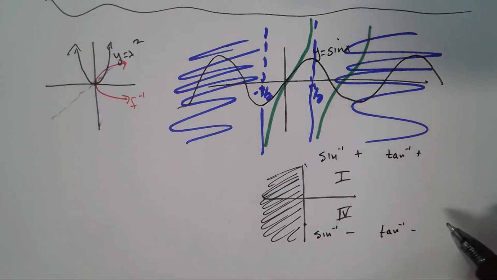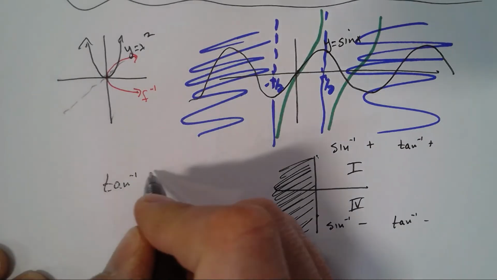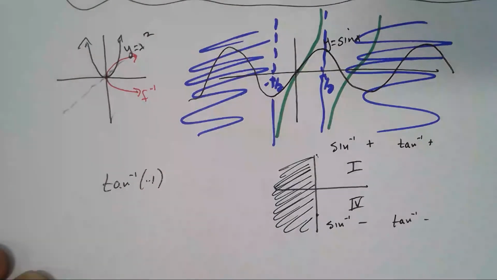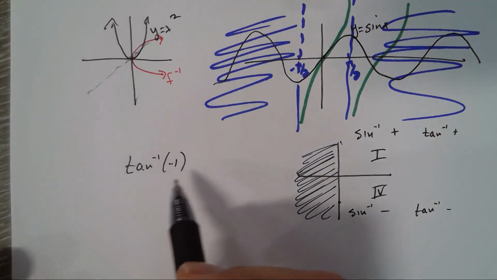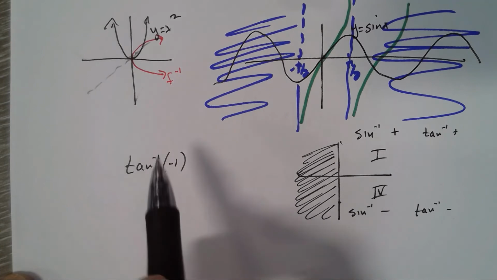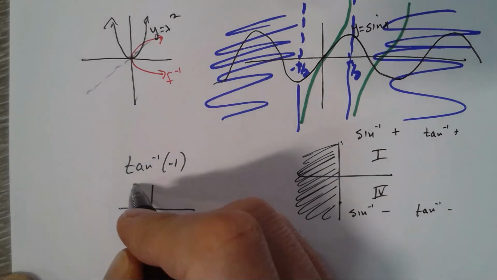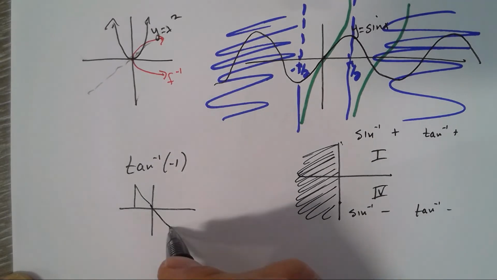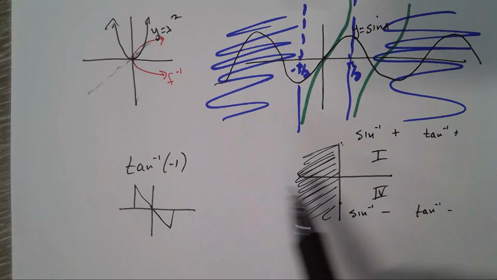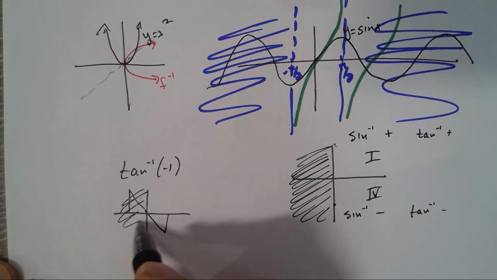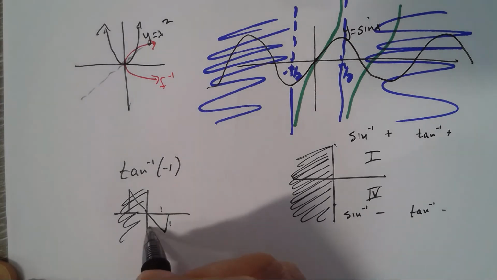So what I mean by negative: if you take the inverse tangent of negative 1, what quadrant are we in? Well, remember, inverse trig functions mean what angle has a tangent of negative 1. Well, this has a tangent of negative 1. This has a tangent of negative 1. But we're only in quadrant 4 for inverse tangent. So right down here, our answer would be 1 over square root of 2, and that one's negative.